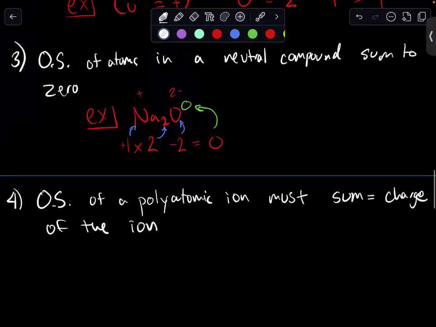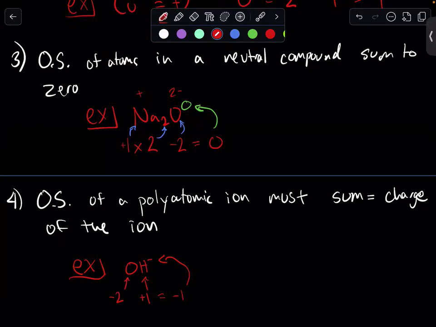So for example, one of the most common polyatomic ions is hydroxide, OH minus. Once again, oxygen is -2, hydrogen is +1. Together they equal -1, which does in fact equal our charge.